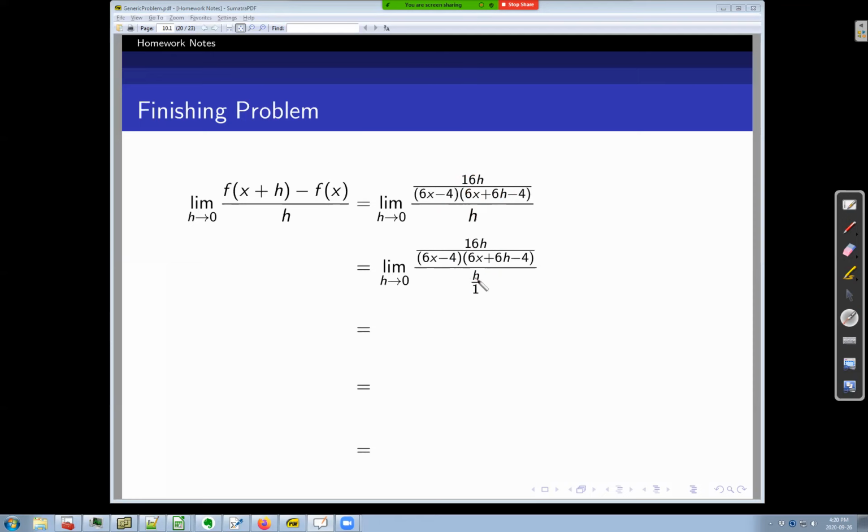So I'm going to write h as h over 1. The reason I like to do that is then you know you can invert and multiply. When you divide by a fraction, that's the same as multiplying by the reciprocal. So here's my numerator, and here's the reciprocal of my denominator.